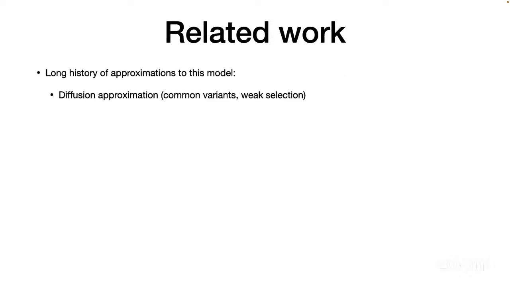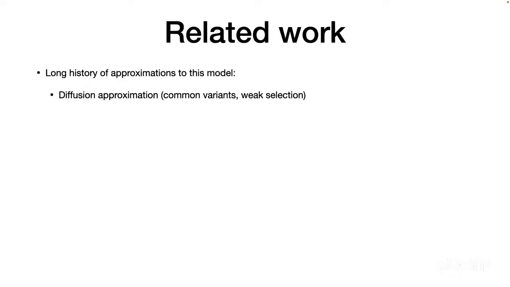A bunch of people have thought about how to make this faster. So there's a bunch of work on diffusion models, where basically you assume the population is very big. You're not looking at too many individuals, so you're looking at common variants and weak selection. And in this limit, the binomial aspect looks like a normal distribution, and then things become Brownian motion, and there's a bunch of theory to deal with that.